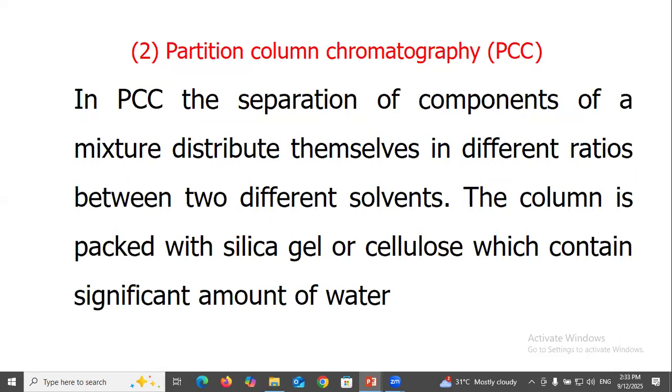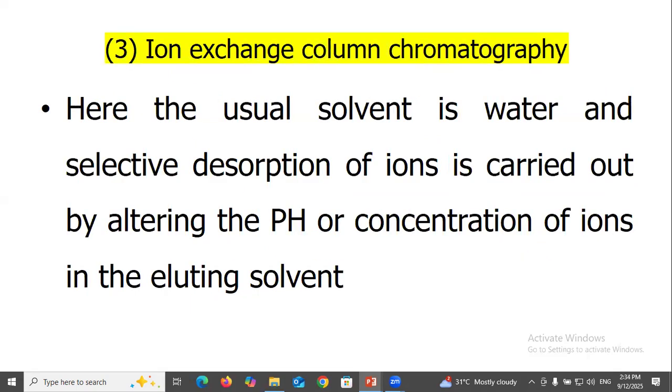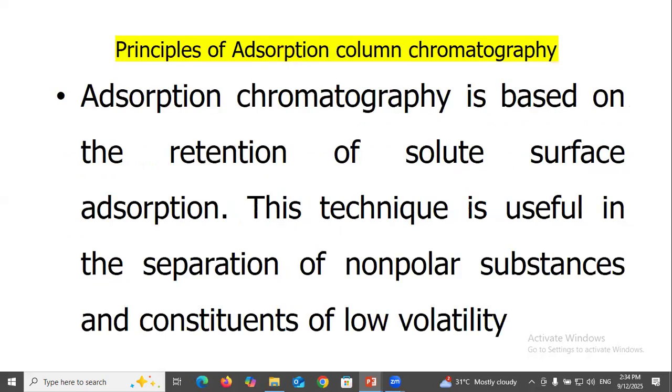The column is packed with silica gel or cellulose, which contains a significant amount of water. Ion exchange column chromatography: the usual solvent is water, and selective dispersion of ions is carried out by altering the pH or concentration of ions in the eluting solvent.